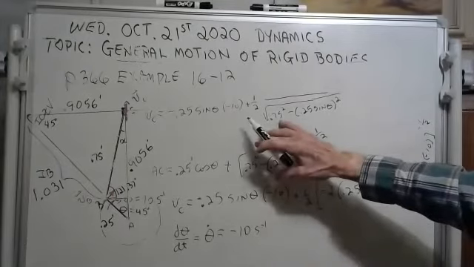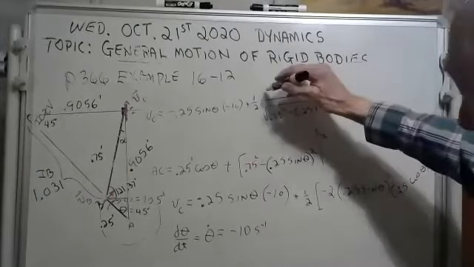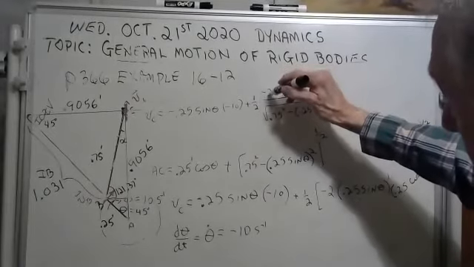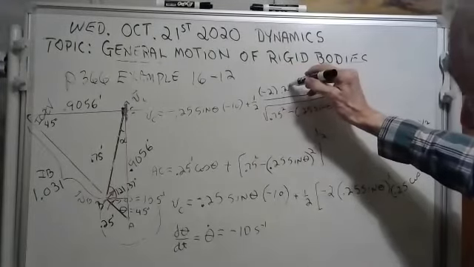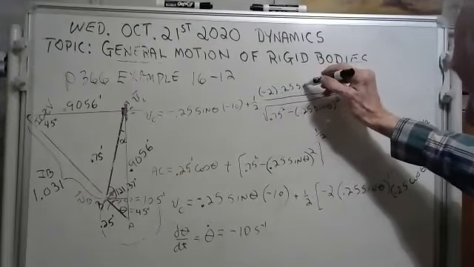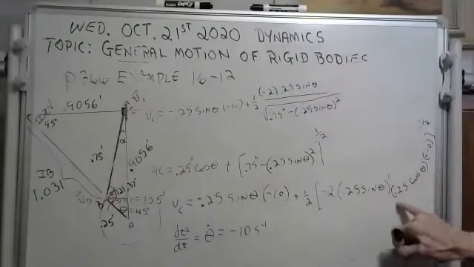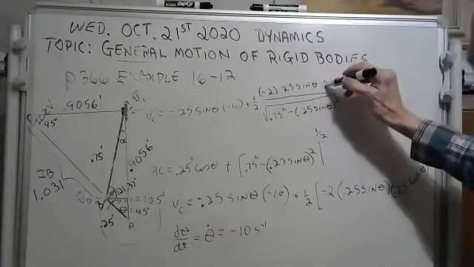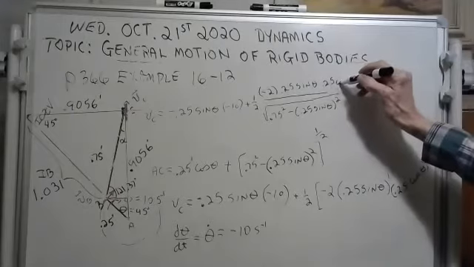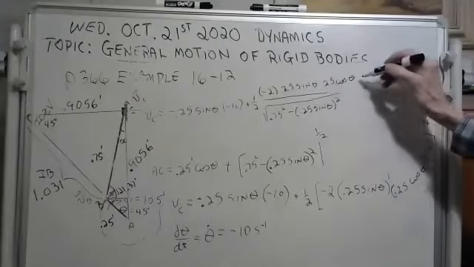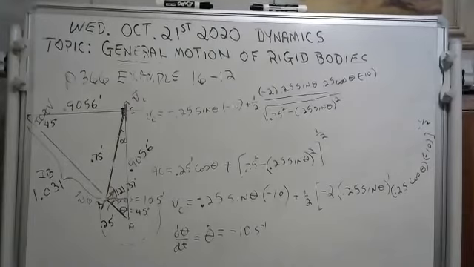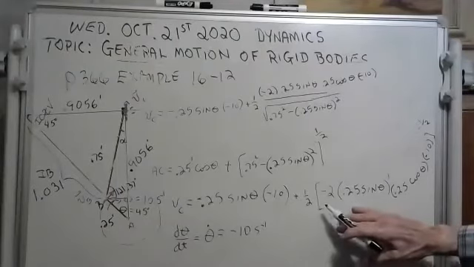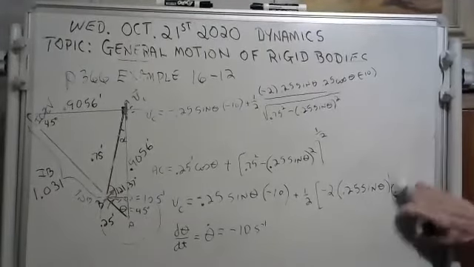See, the derivative of that is 0, and then you have a minus 2 times 0.25 sine of theta times 0.25 cosine of theta times minus 10, which is theta dot. Yeah, I did that wrong, but I think I've got it correct now.